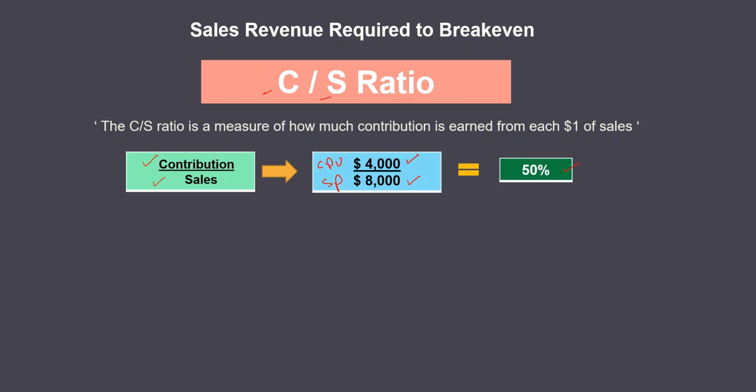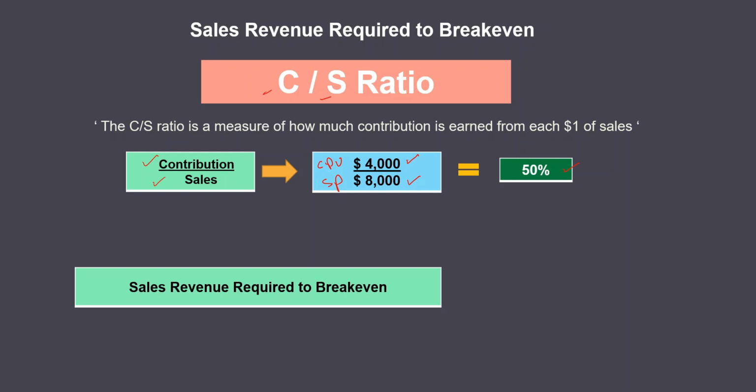How do you calculate the break-even point in units? By simply dividing fixed cost by contribution per unit. Now in this case, to identify the break-even point in sales revenue, what you need to do is simply divide fixed cost by CS ratio. So sales revenue required to break even, how will you identify this?